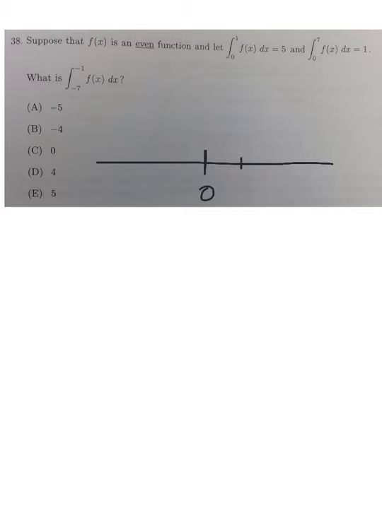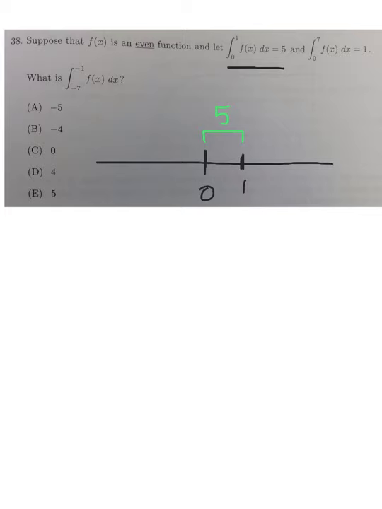They're telling me that the integral from 0 to 1 is 5. So if I have some picture and I look at the area under the curve from 0 to 1, that area is 5. I'm not going to draw the picture, but the area underneath that curve from 0 to 1 is 5.